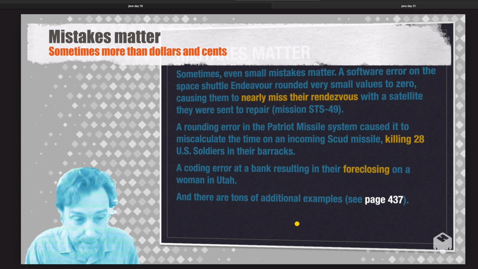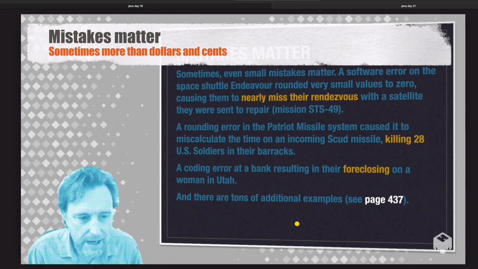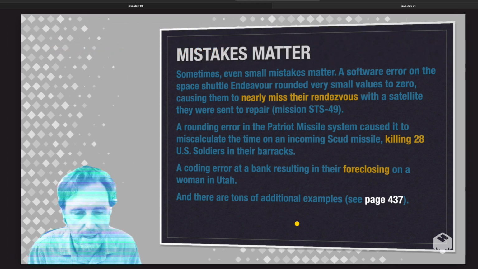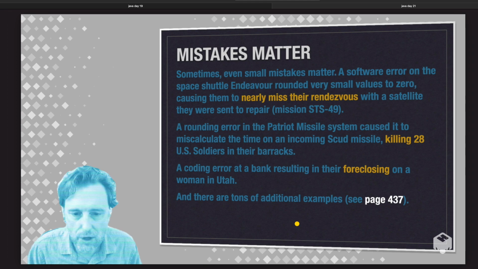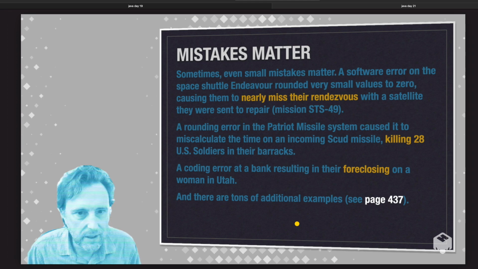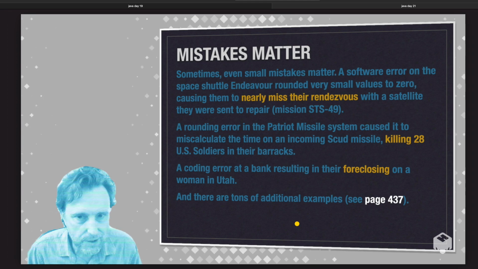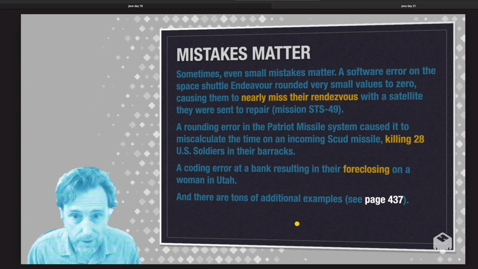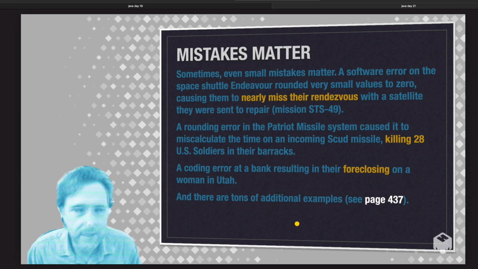Mistakes matter. There are entire websites set up to look at, to discuss, to analyze how software errors, machine errors, have caused significant damage. I've got some of the big ones here, which is the Space Shuttle Endeavour nearly missed a rendezvous with a satellite, which was their mission to get to and fix.